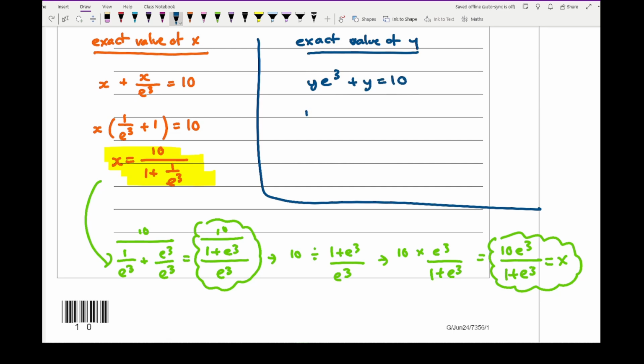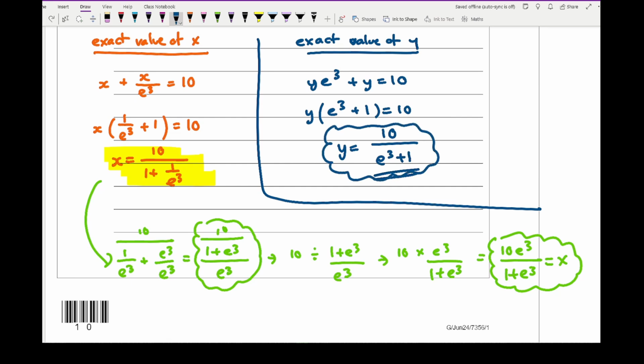Simplifying all of this, I can factorize with respect to y, so I get y(e to the 3 plus 1) equals 10, and so y equals 10 over e to the 3 plus 1, and there is my exact value of y. So my two answers are this and this.